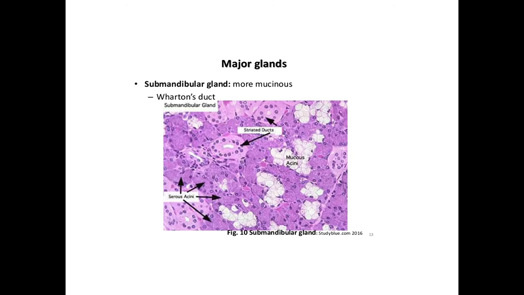The submandibular gland is more or less a mixed gland, but the secretion is more mucinous than watery, and the duct system is referred to as Wharton's ducts. So take note again of the appearance of the gland under the microscope.